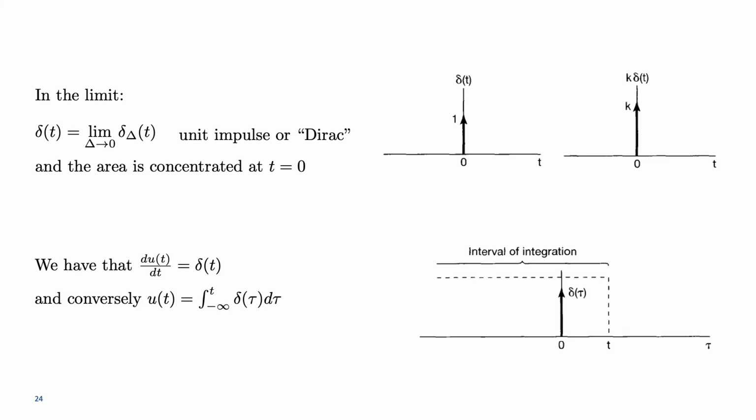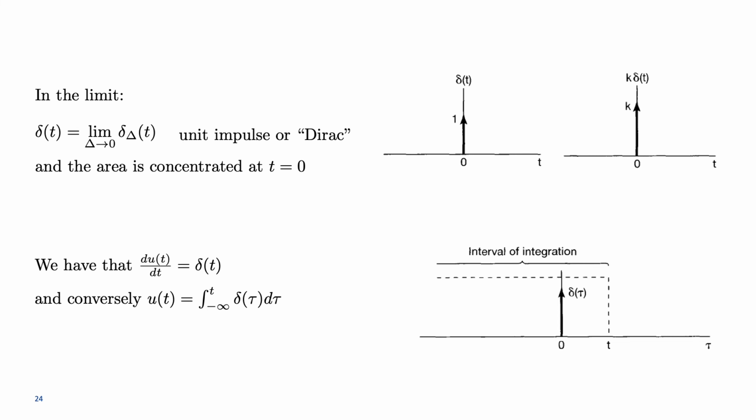And we can now formally define the relationship between the step function and the unit impulse. So the unit impulse is the derivative of u of t, okay? And u of t, conversely, is the integral of the impulse. This is interesting, and it can also be seen in pictures.